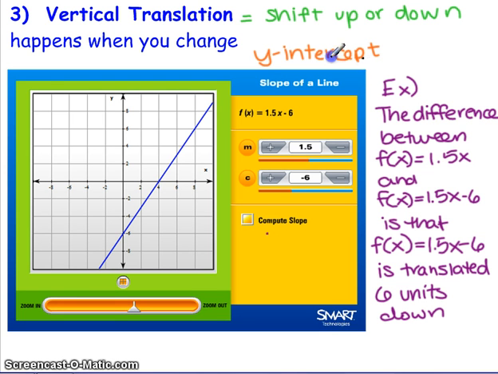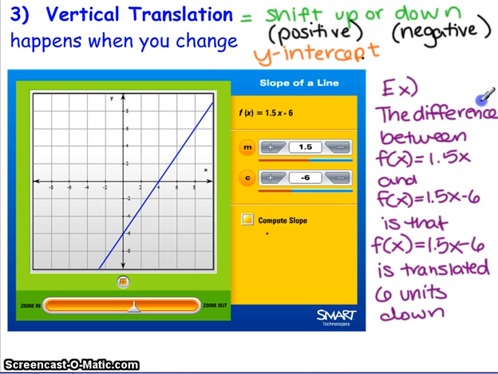If you have a y-intercept that is positive, that's going to shift the graph up. And if you have a y-intercept that's negative, like the one that you see here, that's going to shift the graph down. So it's all about whether that b value is positive or negative.